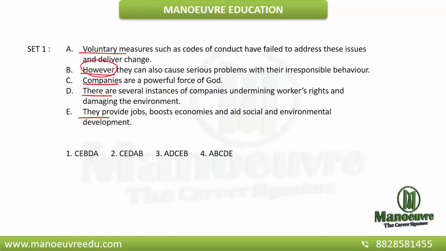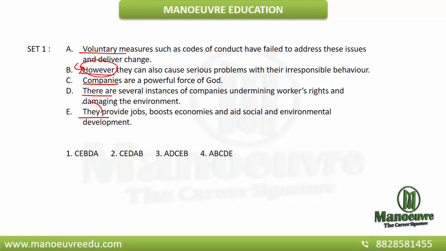You do not start a sentence with however if you are talking about a sentence in itself. We always start a sentence with however if we have already mentioned something before that and it is a continuation of the earlier statement or an earlier topic that we have spoken about. So this however cannot be the opening sentence definitely.